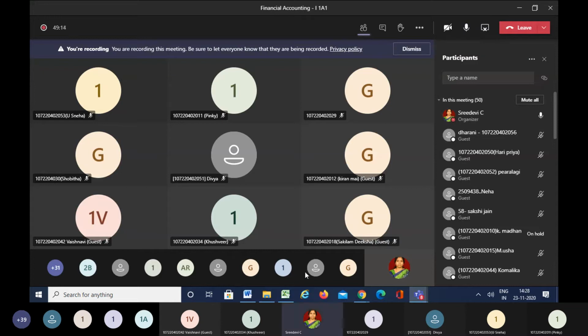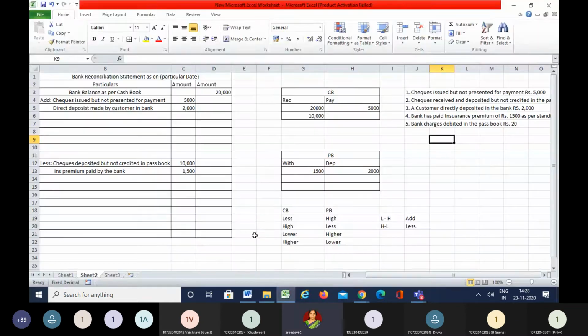So the bank charges recorded in the passbook withdrawal. Which book is less? Passbook is less and the cash book is high. So what are you going to do now for this?